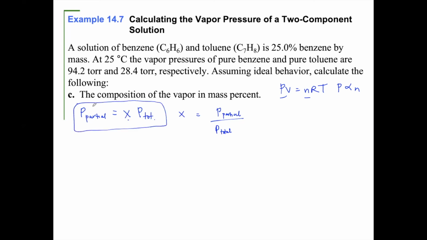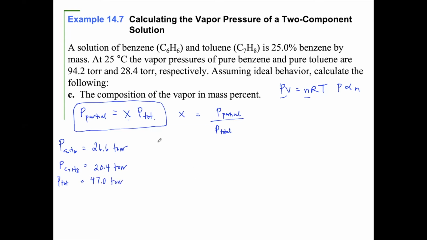Okay, so if we think about this, what if we wanted to find the mole fraction of benzene, right? I'll just rewrite the partial pressures that we found in the previous example. The pressure of the benzene was 26.6 torr. The pressure of the toluene was 20.4 torr. And then, of course, the total pressure was 47 torr.